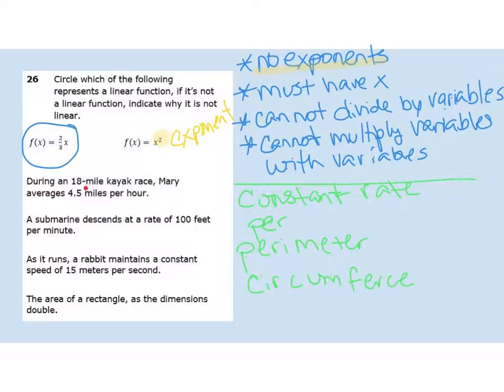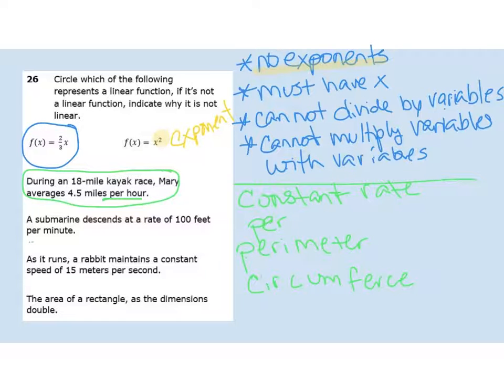So we come over and take a look at our verbal situations, and we see during an 18-mile kayak race, Mary averages 4.5 miles per hour. Because of that word per, this is a linear function. The second statement, a submarine descends at a rate of 100 feet per minute.